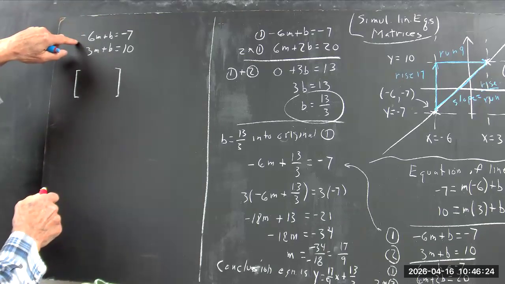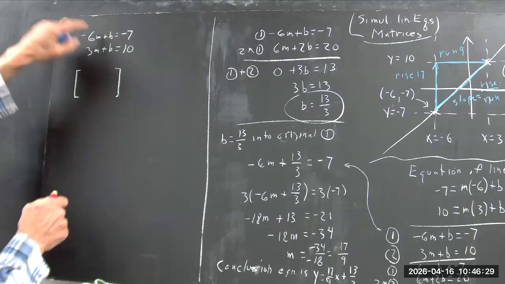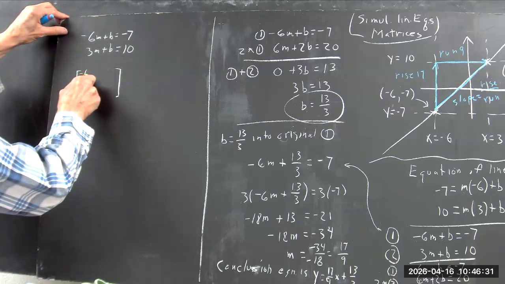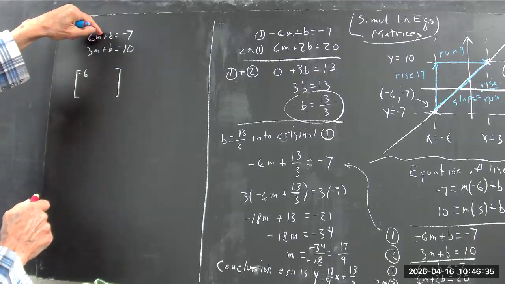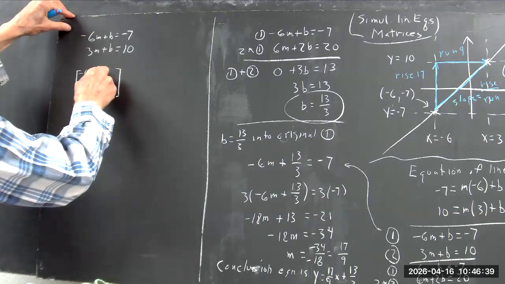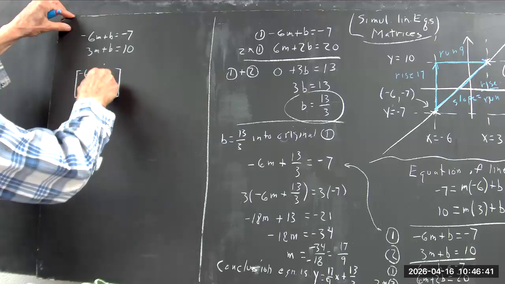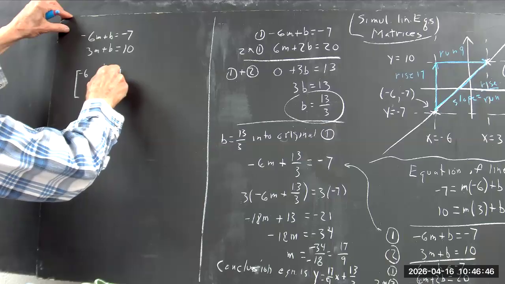The first equation is -6m plus b equals -7. So I have a -6 in front of m, so I'm going to put a -6 within that bracket. The coefficient of b in the first equation is 1, so I'm going to write a 1. And then I have -7 on the other side.